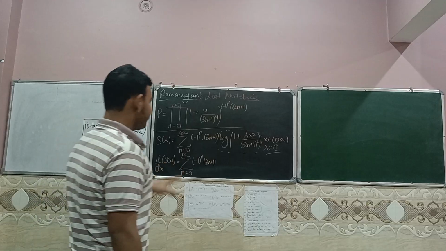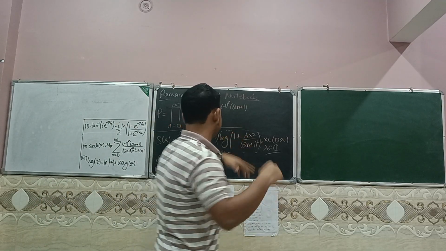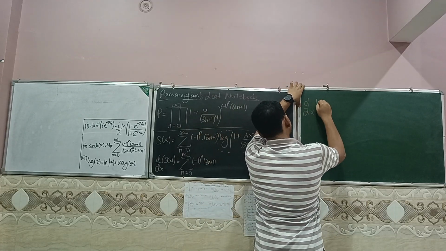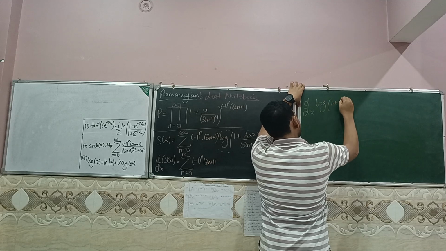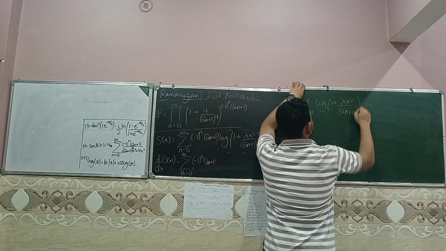Okay, so if we talk about the chain rule, then look closely. What I'm talking about is taking the derivative of log of 1 plus lambda x squared over (2n plus 1) whole squared, right?